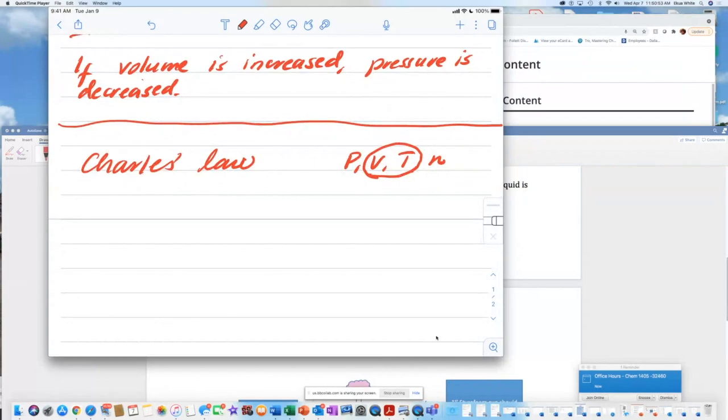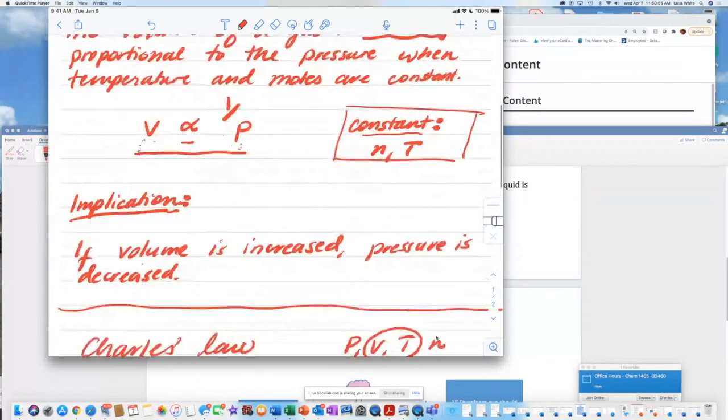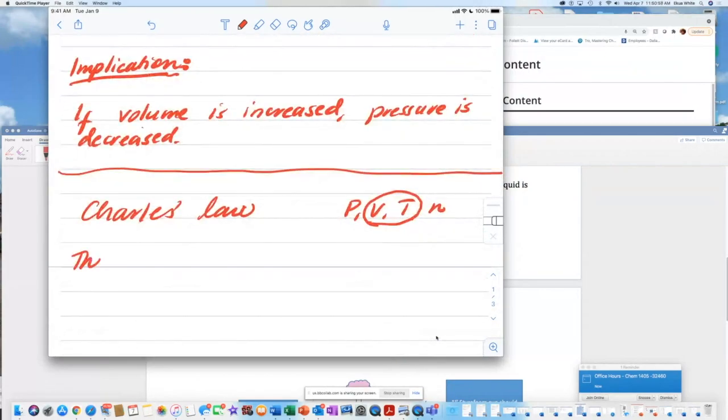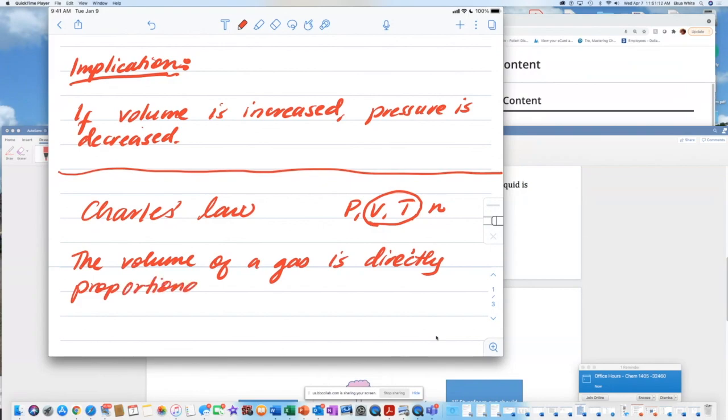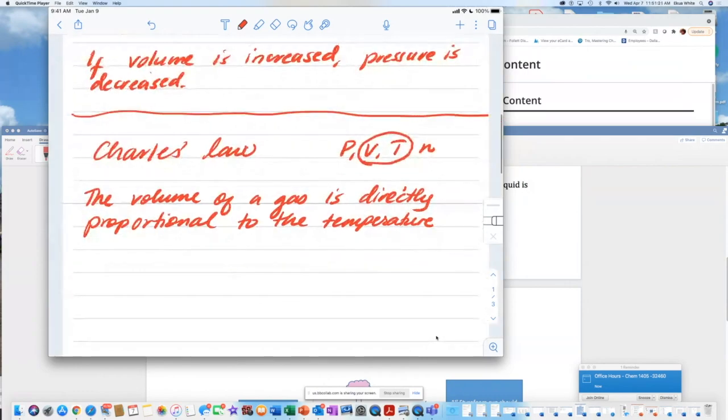So he noticed that, let me stick with the same format, the volume of a gas is directly proportional to the temperature. And of course, that is vice versa. Volume is directly proportional to temperature.